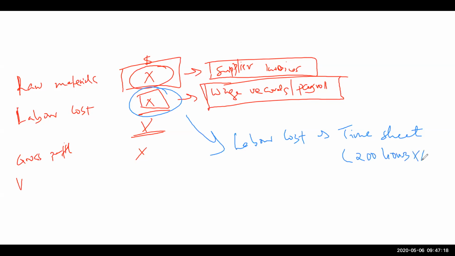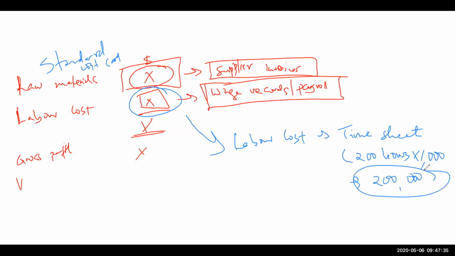If the cost per hour is, for example, 1,000, that implies the total labor cost that needs to appear in our standard cost card ought to equal 200 hours times 1,000, giving 200,000. If this figure does not reconcile with the figure we have here, then there could be a problem.